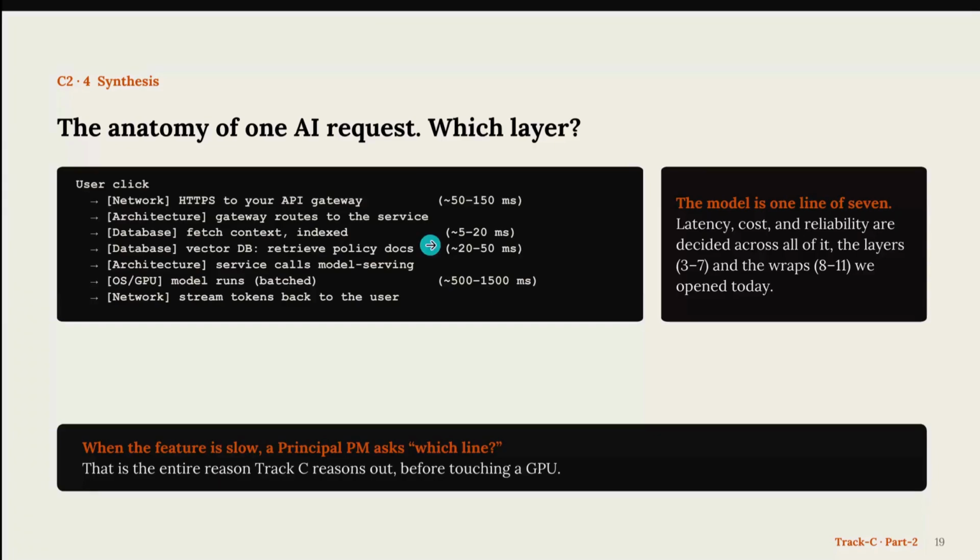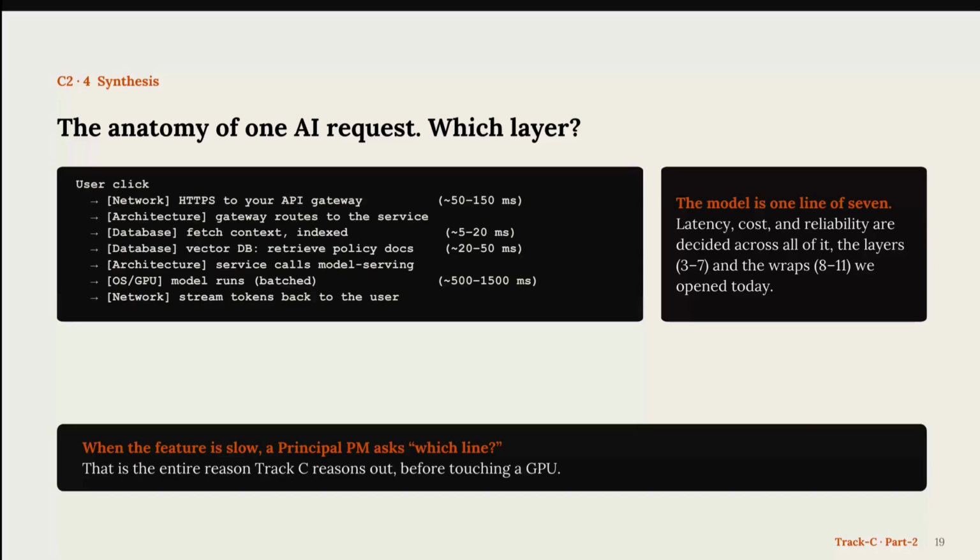So instead of asking which model or how fast is the model, we should be asking how fast is my entire request response time, and then split that into each of these layers separately, understand which layer is performing poorly, and improve on top of that. Do not go directly to improving the model's response time. That's a rookie's mistake.